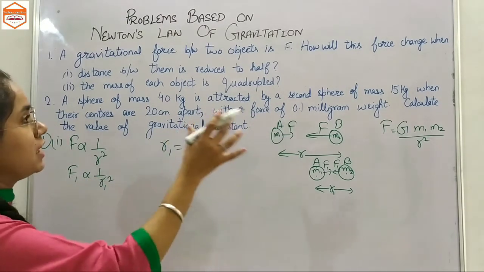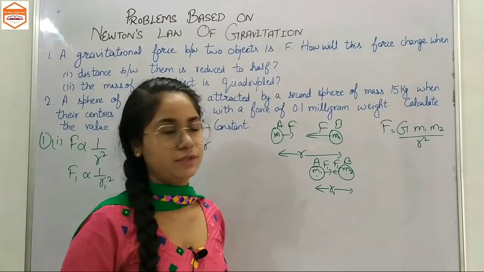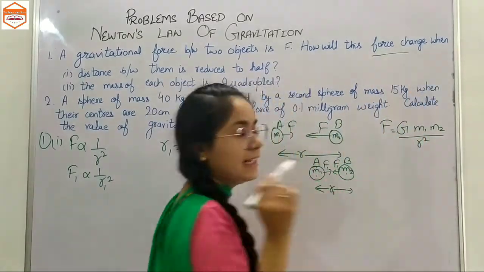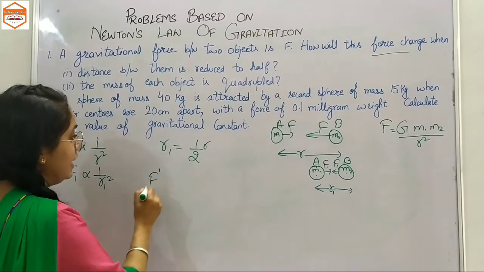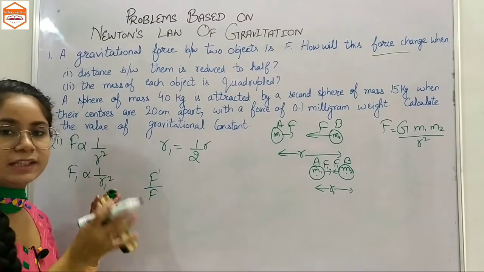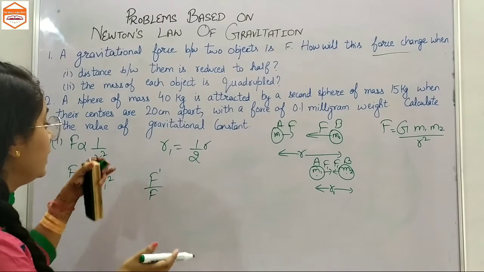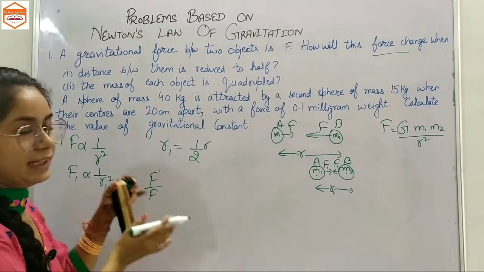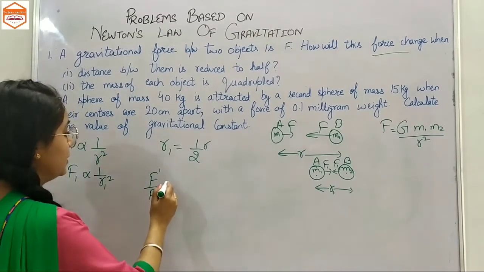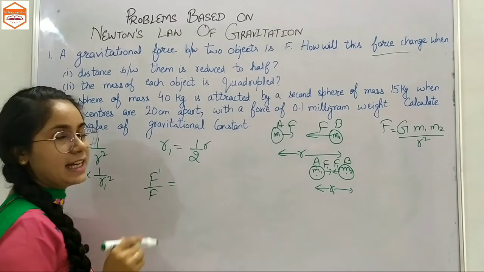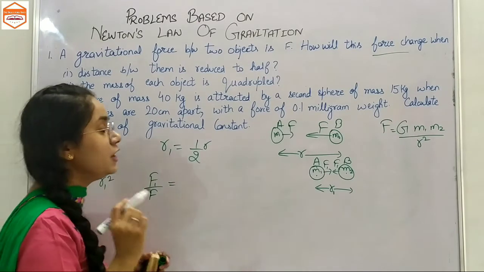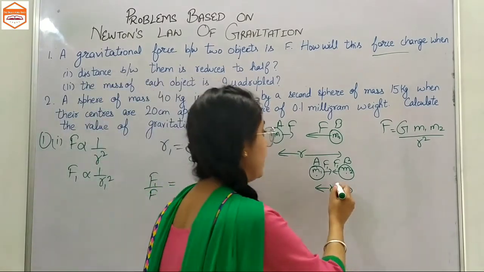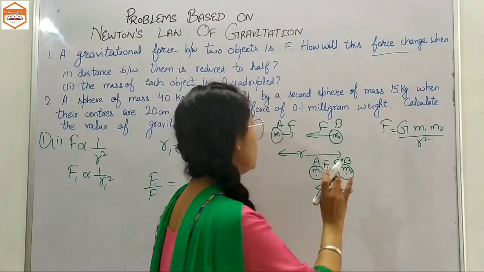Now we are going to try to find the change in force. We will try to relate them by dividing these two forces with each other. Here is F1. You can write this distance as R dash or R1 as you like.